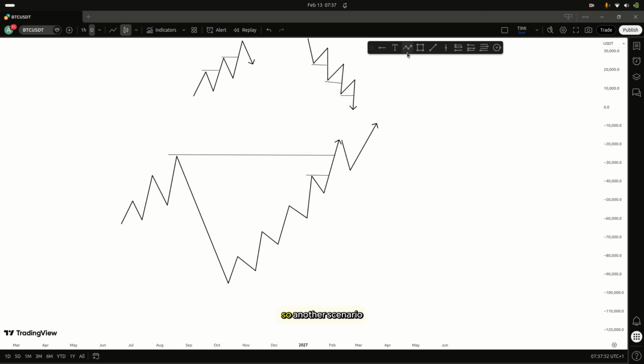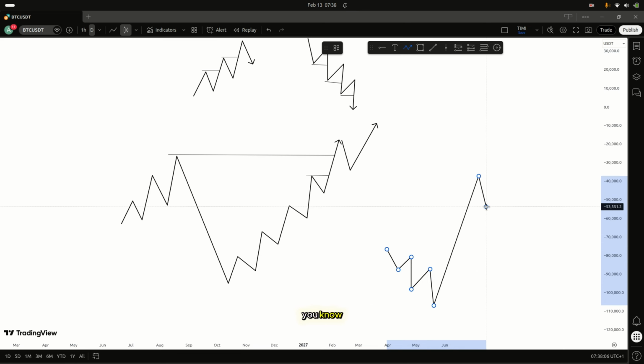So another scenario, right? Let's assume price was previously in a downtrend, giving us lower highs, lower lows, lower highs, lower lows, and then a market structure shift occurred. Then price started coming down. Immediately price took out this low and took out an already existing low in the market.